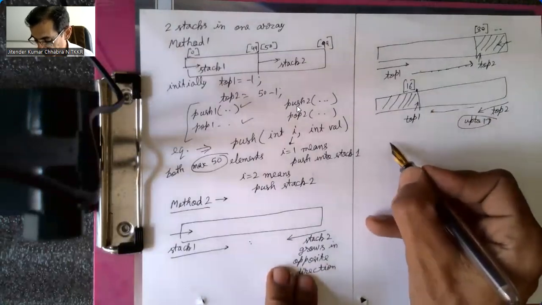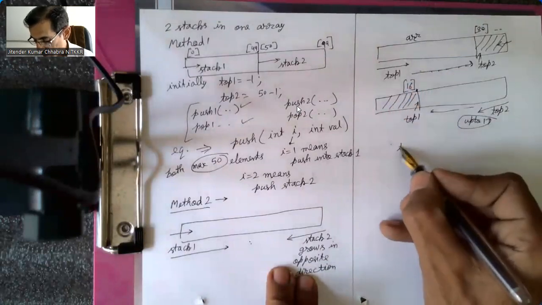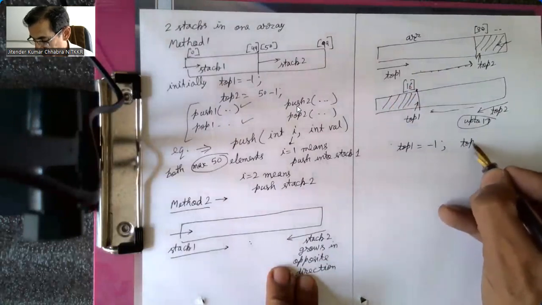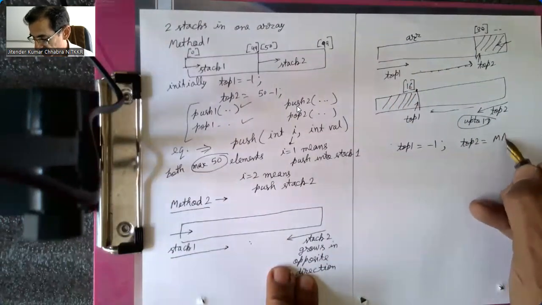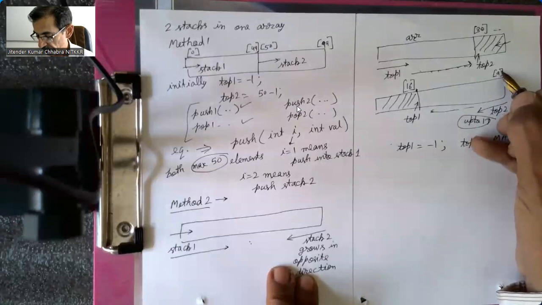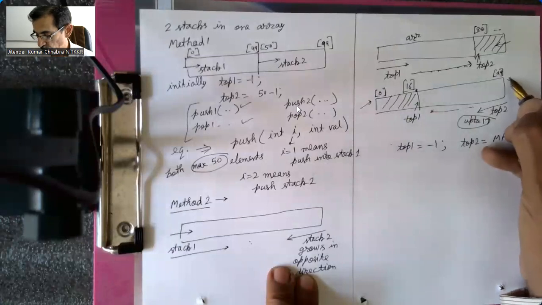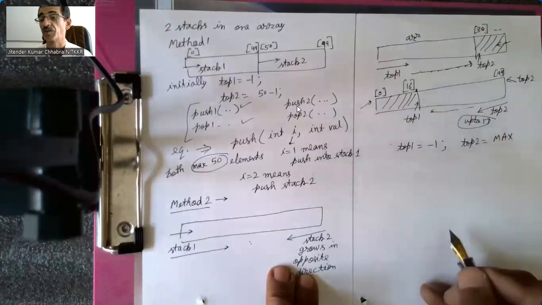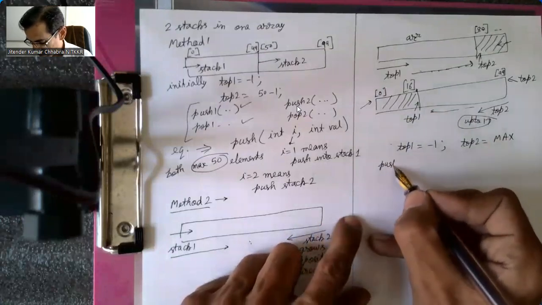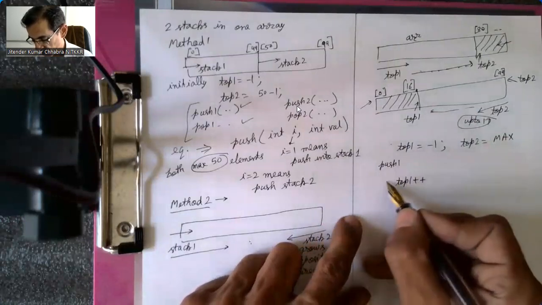Now, in this case, obviously, my ARR array is common. So top 1 will be initialized as -1, but top 2 will be initialized as max, outside of this array. This is 99. So top 1 is on the left side outside of the array, and top 2 is on the right side outside of this array. And my push 1 will actually use incremented top, or plus top 1, whatever you say.